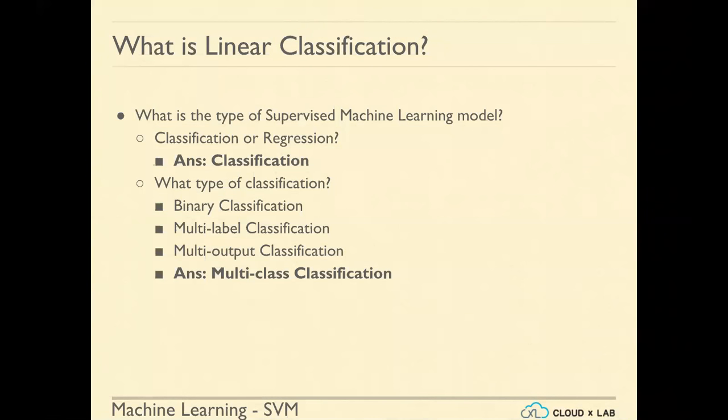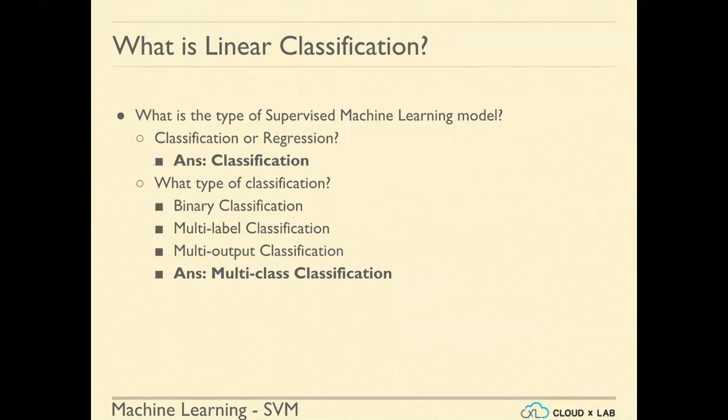So multi-class and multi-label are, as we studied earlier, a minor difference. In case we are classifying something into either of the three buckets, then we call that multi-class. If we are classifying something into multiple labels, putting multiple labels on it, then we call it multi-label classification.